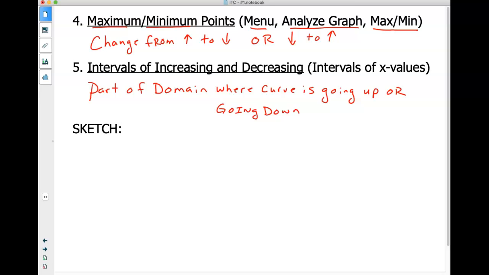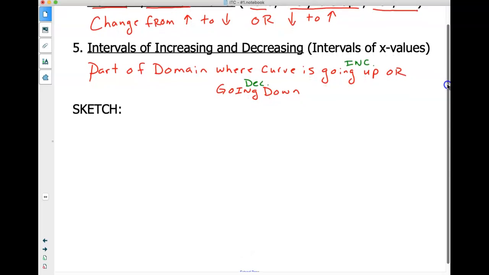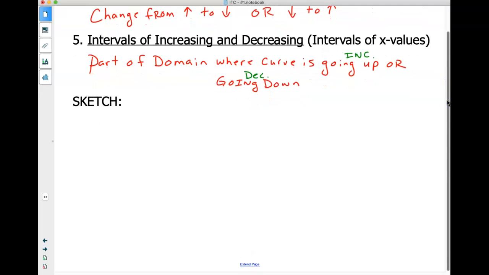Okay, the going down part is decreasing, and the going up, I know you know, is the increasing. I'm not going to type these in. We're going to find all these in our calculator here in a little bit.